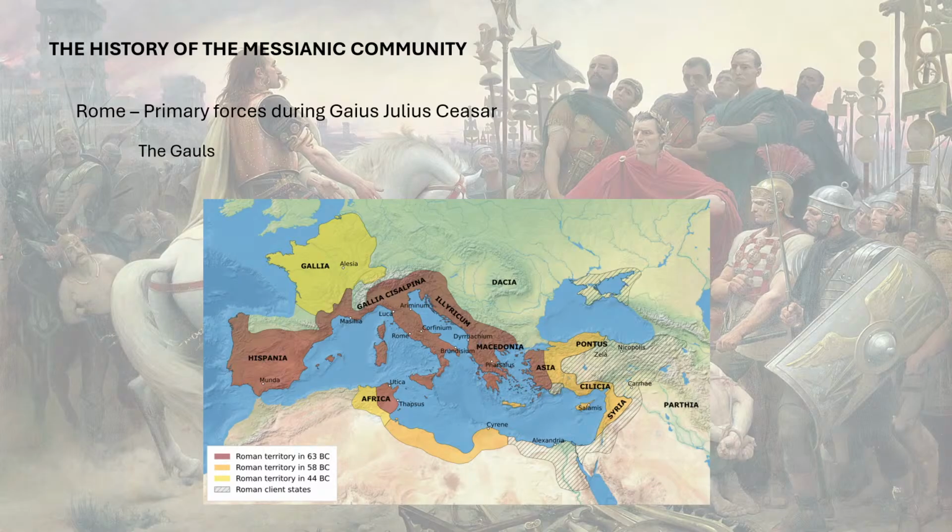And then we have Marcus Crassus. So this was an alliance formed to consolidate their political power and influence by bypassing the Senate in order to pass their own legislation and political appointments.